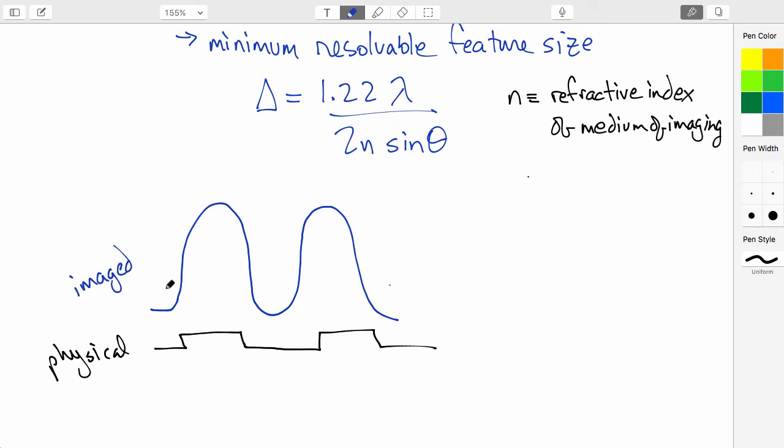It's not going to be as sharp, and they could be close, right? So this is a kind of distance that we can identify between these two.